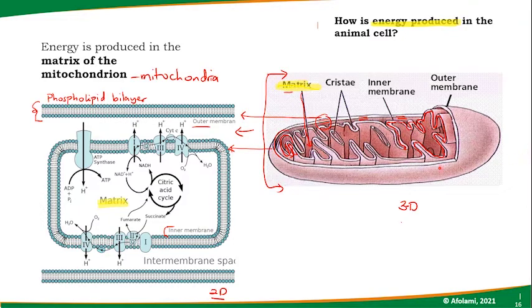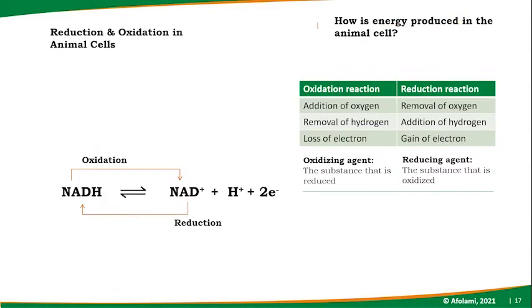Okay, so in the next slide, it's always very important to understand oxidation and reduction in terms of addition of electrons, removal of hydrogen, or loss of electron, as the case may be.